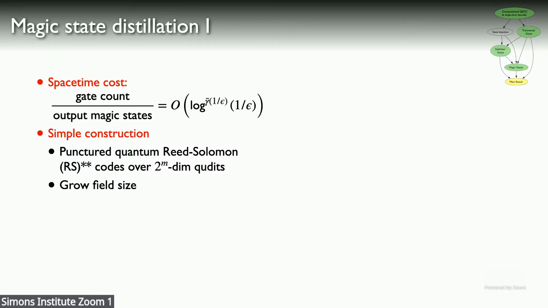And so one simple construction that works is using these punctured quantum Reed-Solomon codes over qudits of dimension 2 to the m. The idea is that we'll grow the code size that we use in each level of distillation, and that's going to give us the sub-logarithmic space-time cost.